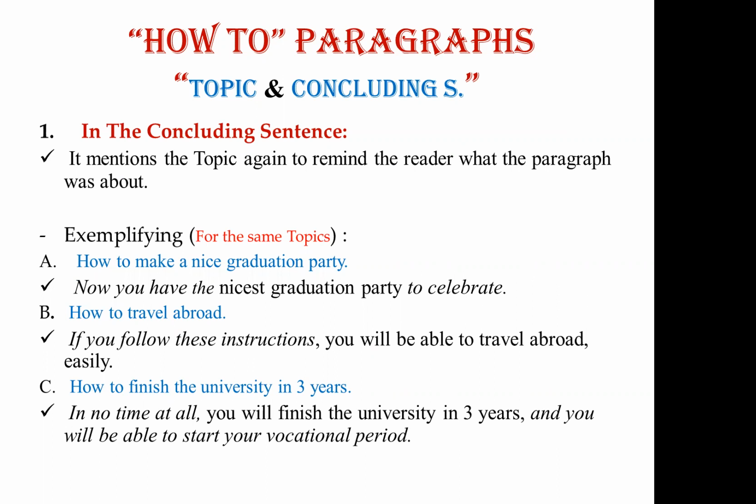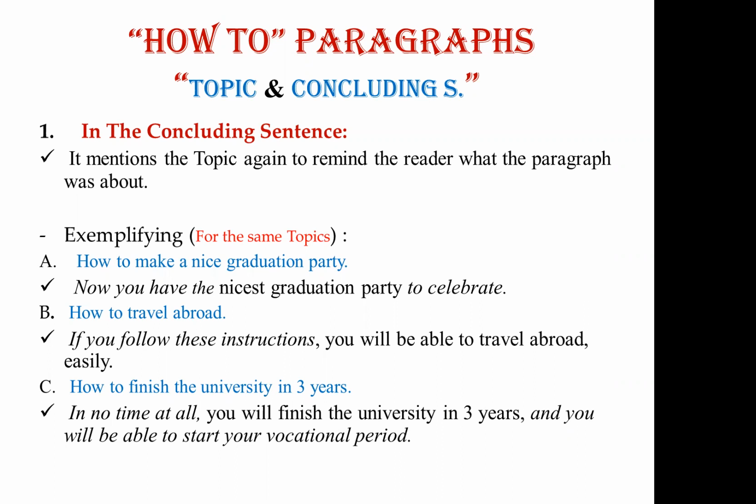Exemplifying, these are some examples for the same topics. How to make a nice graduation party, the concluding sentence: now you have the nicest graduation party to celebrate. So it is not that hard, it is really easy. You say just a simple sentence, a really nice sentence just to remind your reader of the whole topic.